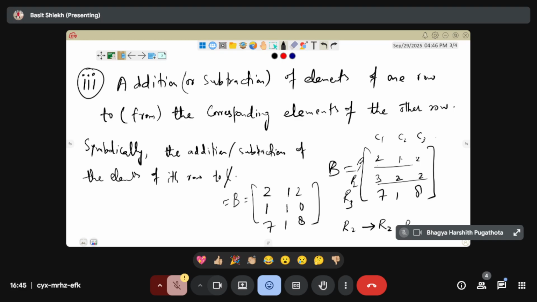Here I will write the same. Shall I erase this B matrix here?